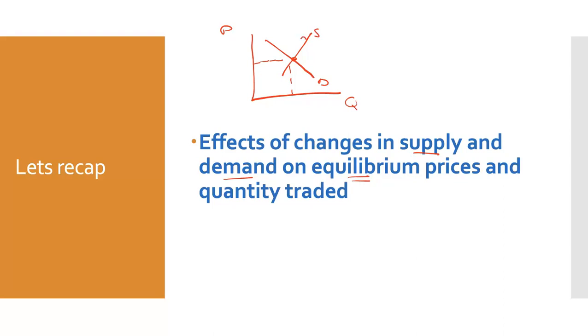At any other point, we will have a surplus where supply is more than demand, and a shortage where demand is greater than supply. So it is up to the forces of perfectly competitive markets to push the market back to equilibrium.